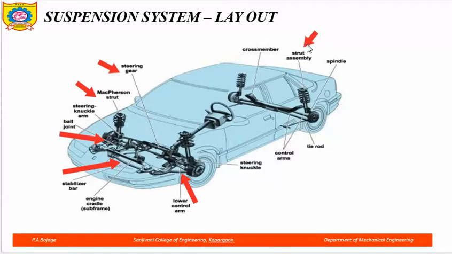Again, the strut assembly for the rear wheels, the spindle, the tie rod and the control arms. And this is the cross member which attaches the two rear suspension members. So, you can see this is the general layout of the automobile, that is a car.